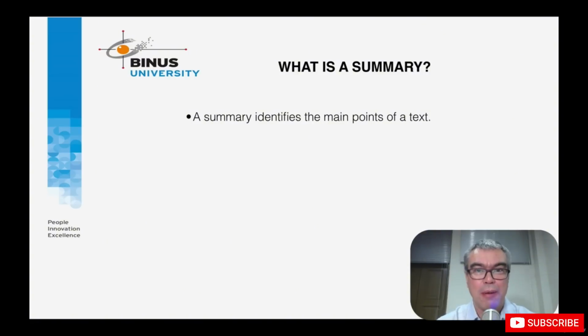Now, of course, by the meaning of the word summary, remember that a summary is much shorter than the original text. This is what identifies the difference between summary and paraphrase. With summary, you're only focusing on the main points.